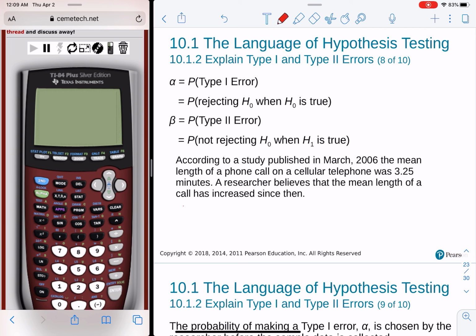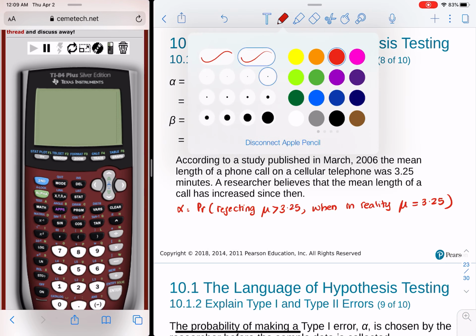So here, alpha would be the probability of rejecting the statement that the average length of a phone call is 3.25, when in reality, nothing has changed since 2006.